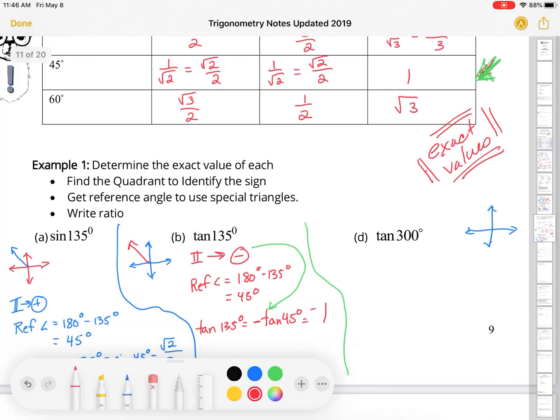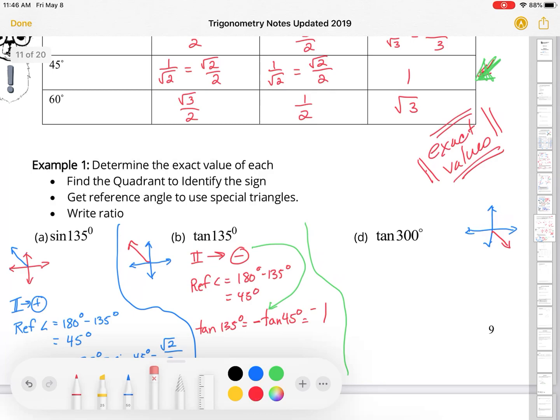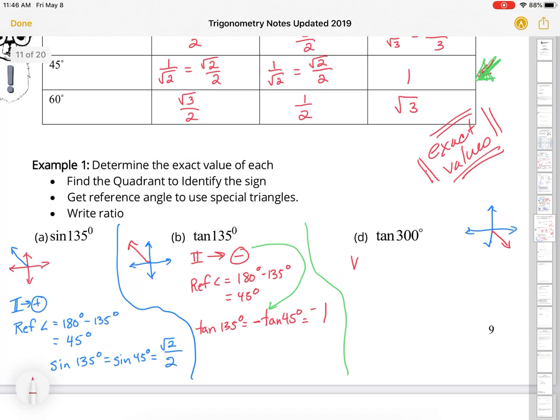Tan of 300. So let's sketch that out. 300 is greater than 270 and less than 360, so it'll be in quadrant 4. So in quadrant 4, thinking about the CAST rule, tan is negative.